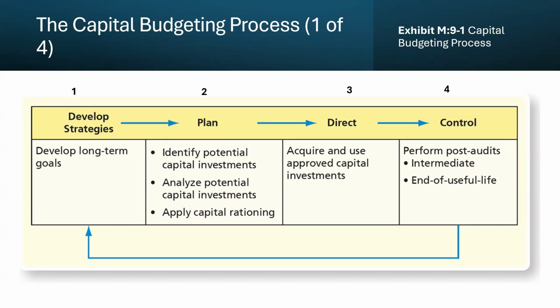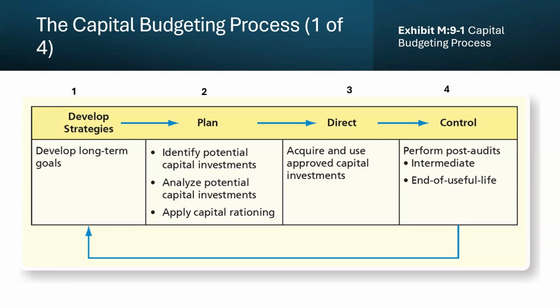Now, step 2 in the capital budgeting process is planning, which involves 3 sub-steps. The first one is identifying potential capital investments, which involves spotting new technology and equipment that could enhance the company's efficiency, competitiveness, and profitability.